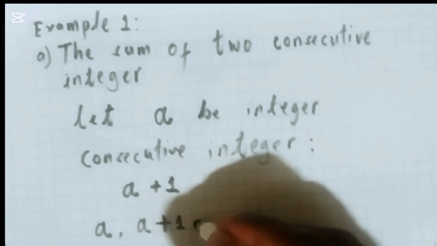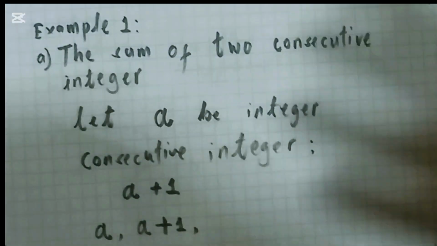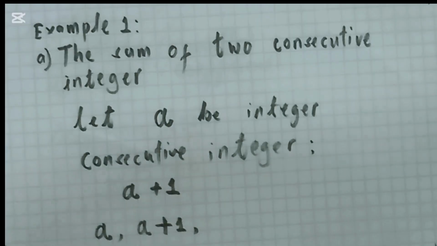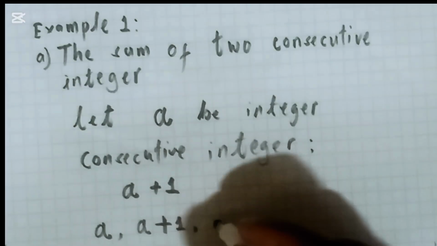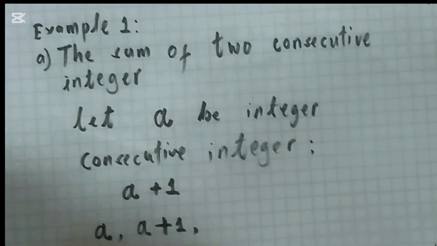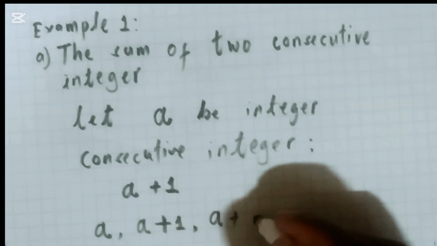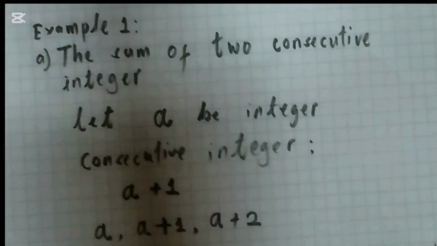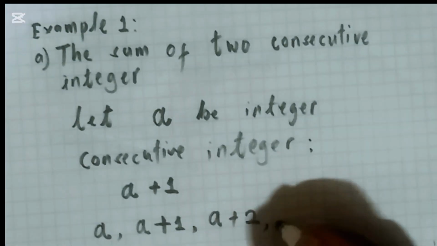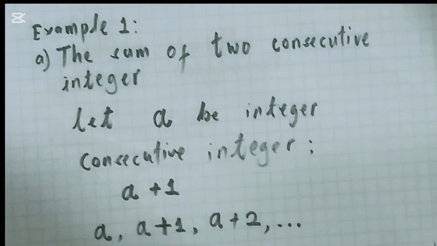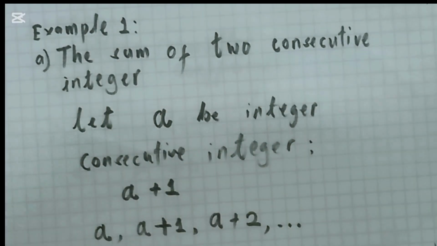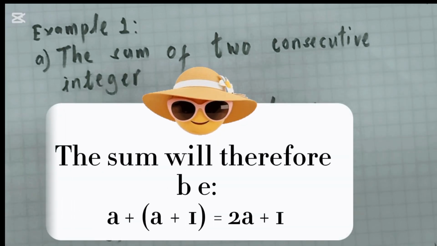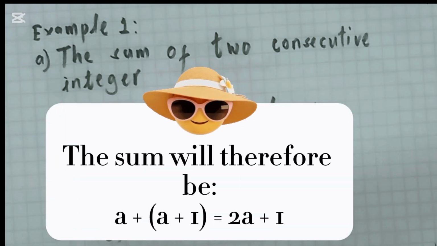And if we want to find the third integer after A, we just have to add 1 to A plus 1, and that will be A plus 2. Basically that goes on and on until whatever number of integers you want to represent from this particular problem. So that is an example of how we can use algebraic terms to form problems and maybe solve them.